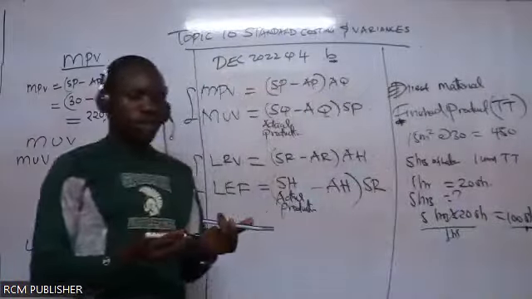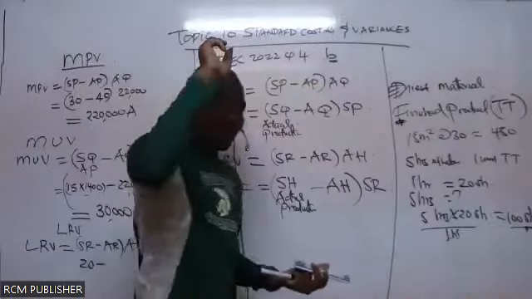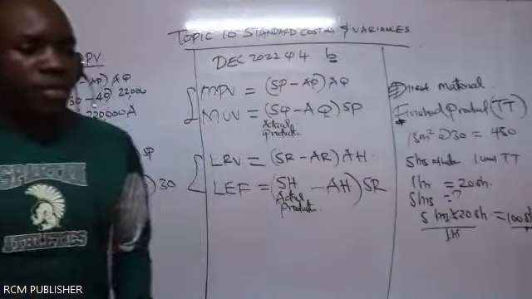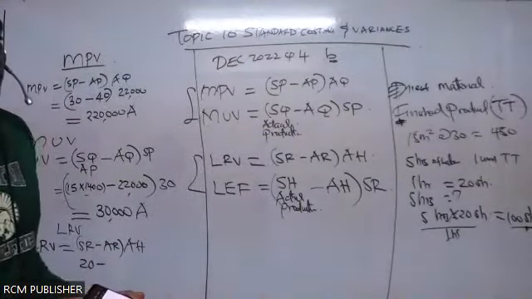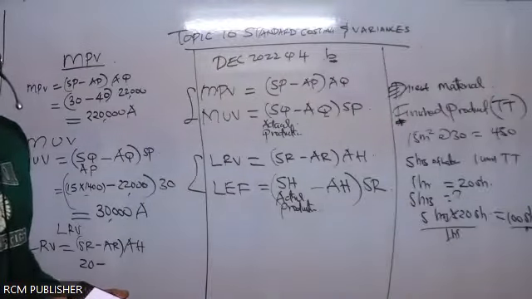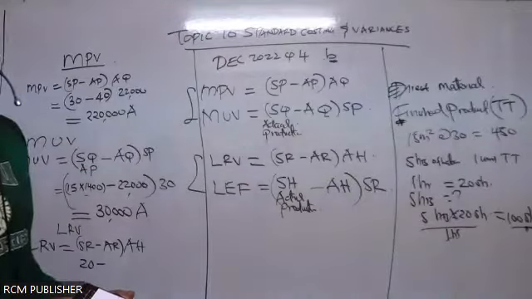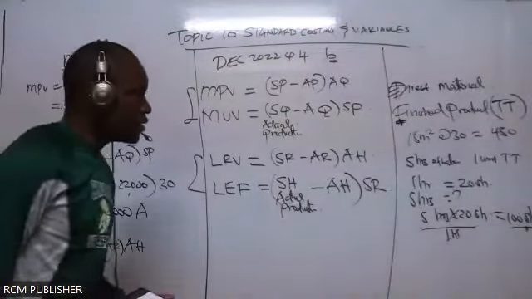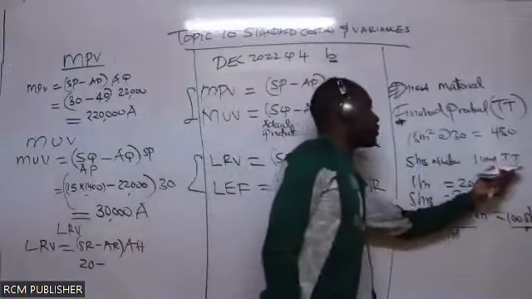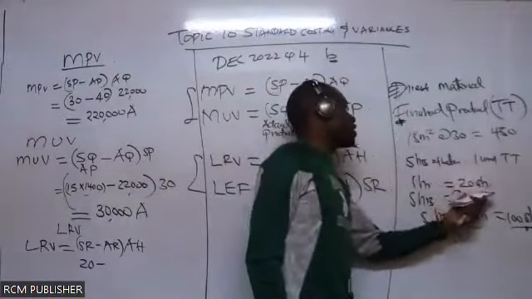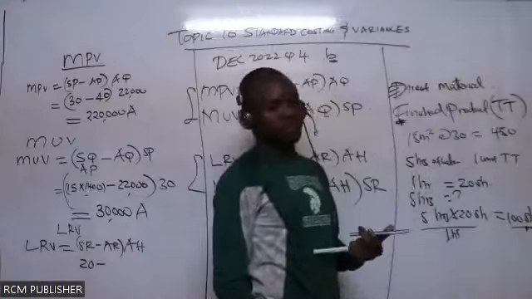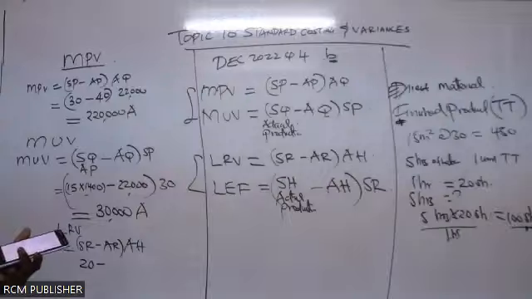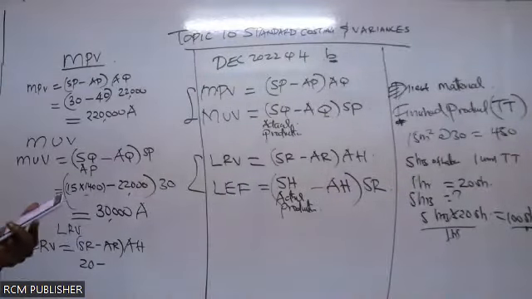If somebody asks you the labor rate, will it be 100 for the 5 hours or 20 shillings per hour? Is it going to be 100 to produce 1 unit of TT, or is it going to be 20 shillings per hour?